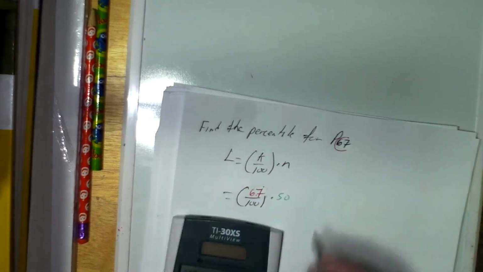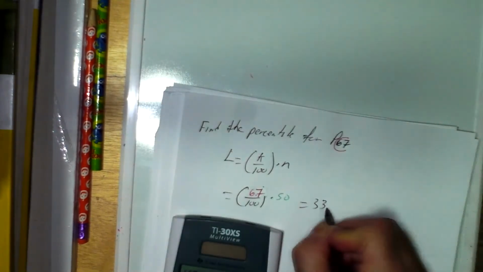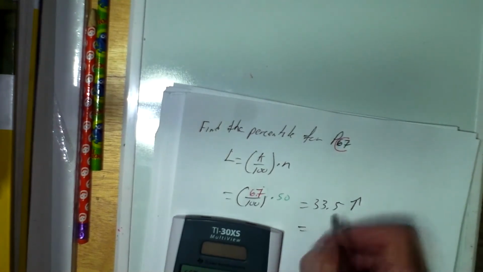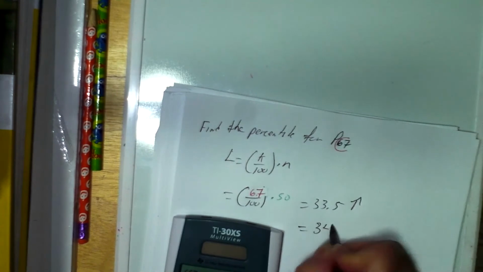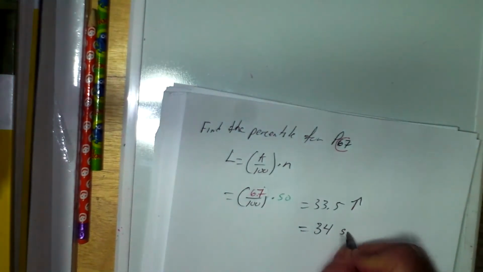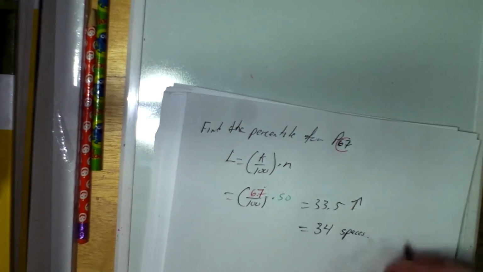So it ended up being 33.5. So I have to bump it up, which ends up being 34. Right? So you're going to count 34 spaces.